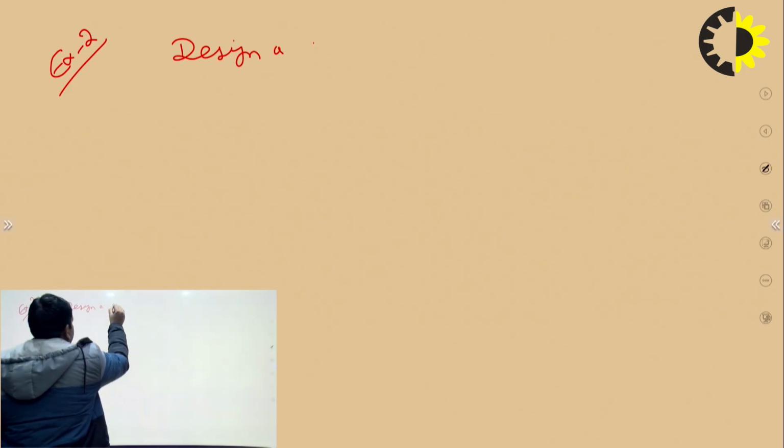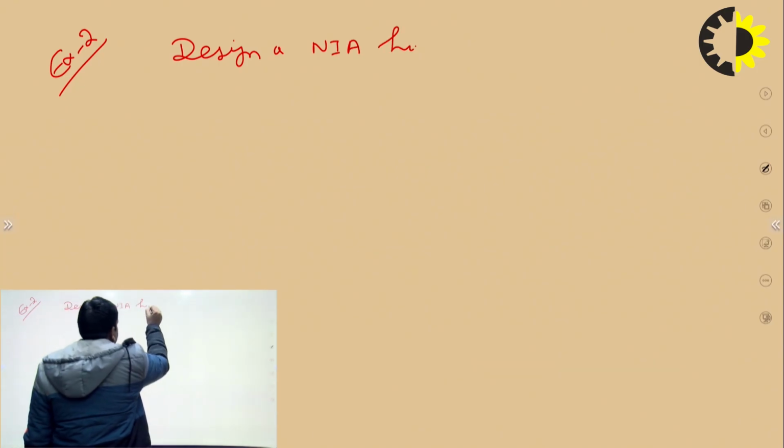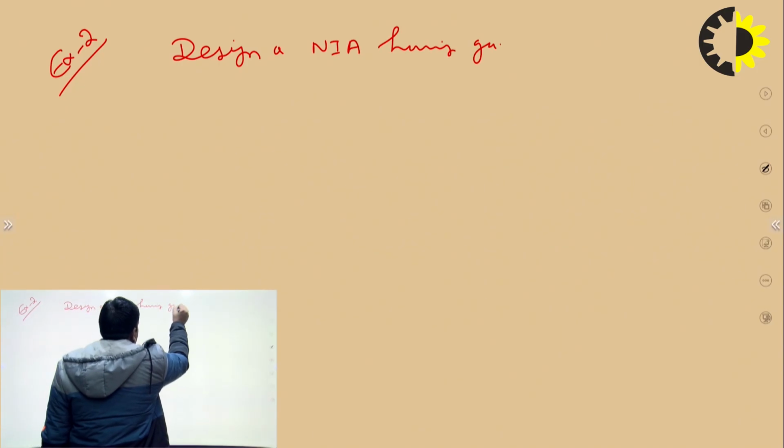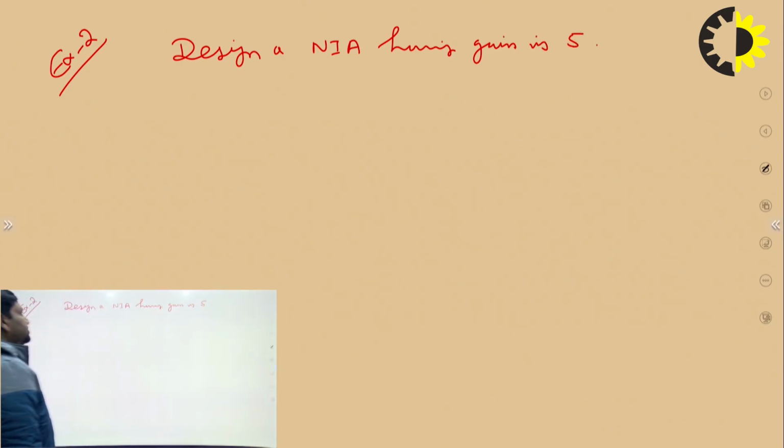Suppose we have to create an example for a non-inverting amplifier. We design a non-inverting amplifier having a gain of 5.